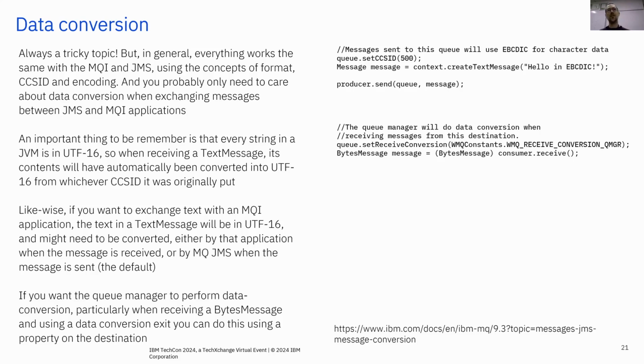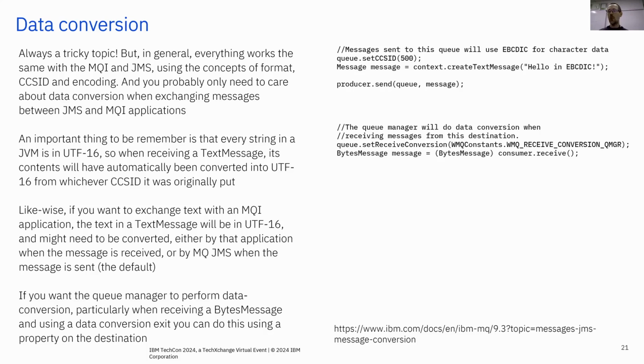You just need to be aware of some differences. And you only need to care about this if you're converting between JMS applications and MQI applications. If you're going from JMS to JMS, you generally do not need to care. It's only when you're mixing between the JMS and MQI world.